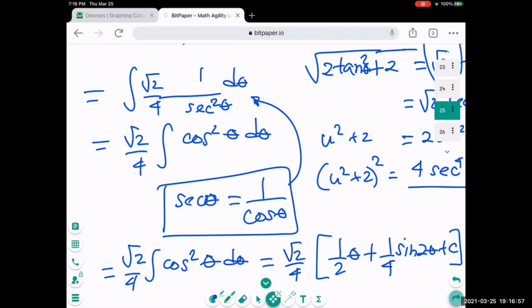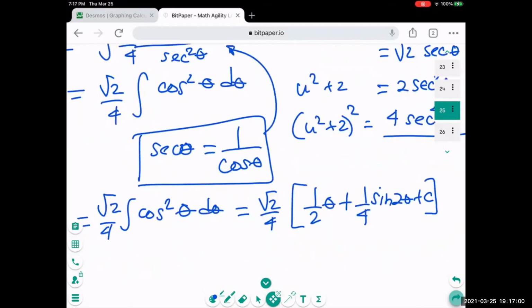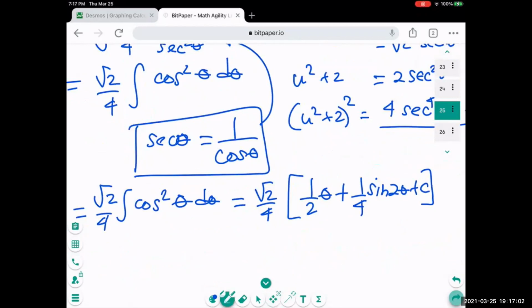So our sine 2 theta is equal to 2 sine theta cosine theta. So this double argument becomes a single argument here.